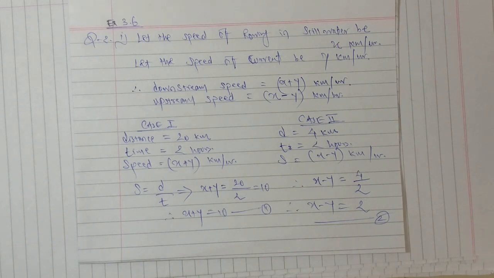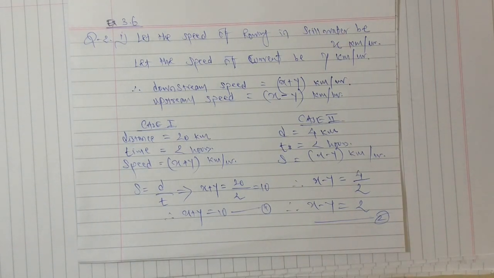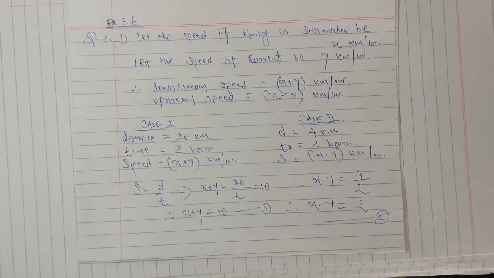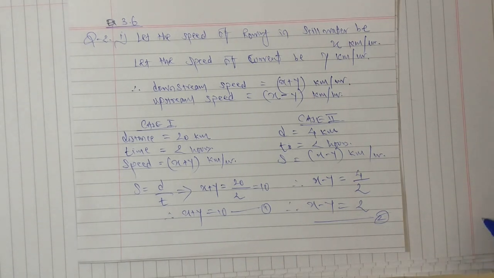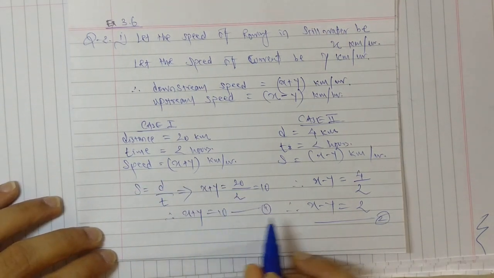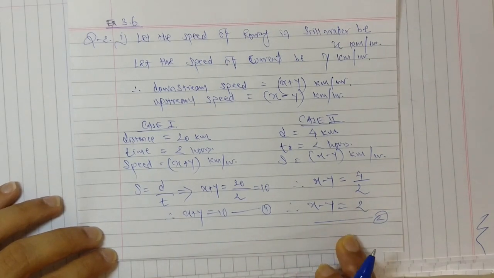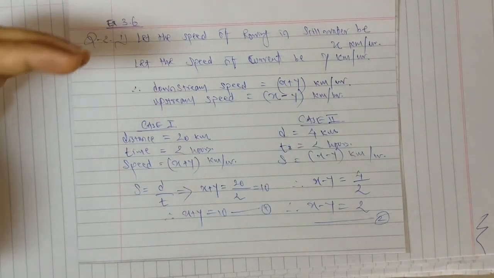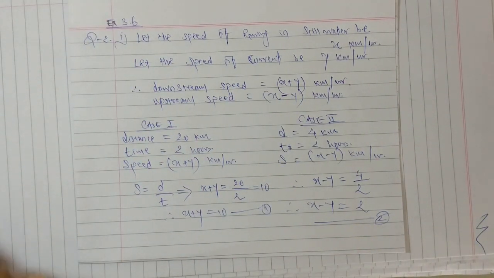So this is an upstream downstream problem, very simple. Understand the statements and how I have solved them. Okay, the next question will be interesting. You have to solve these two equations and get the answer yourself. I'm just helping you how to write statements and form equations. That should be clear.